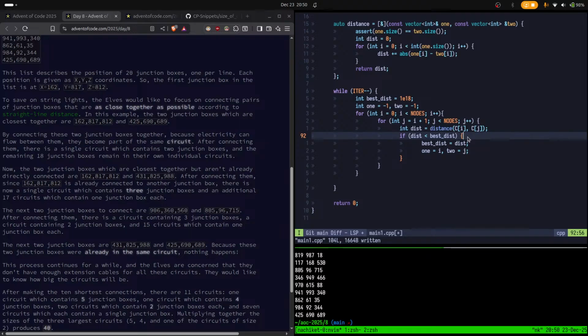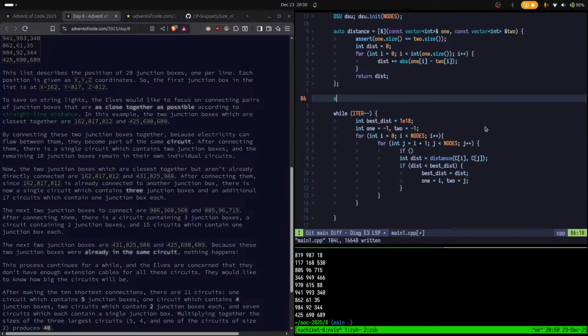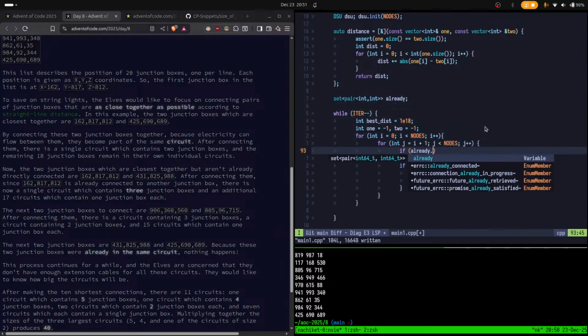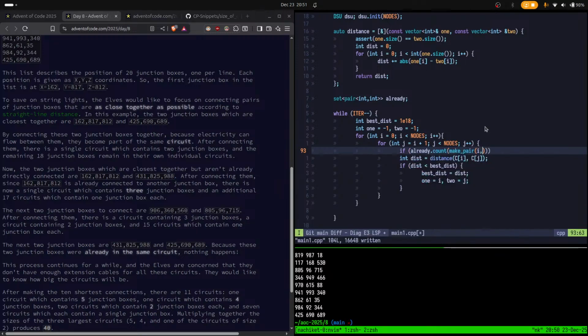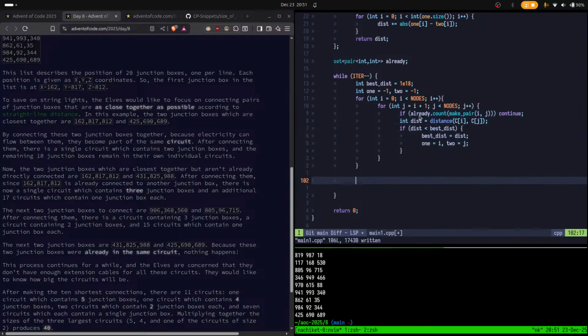So keep the ones that are directly connected in a set already. We don't need to, so this will avoid us computing this distance multiple times.